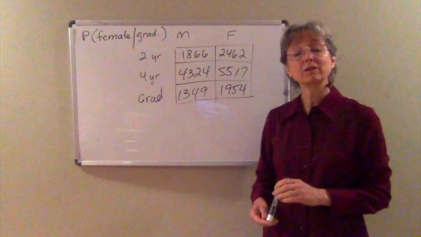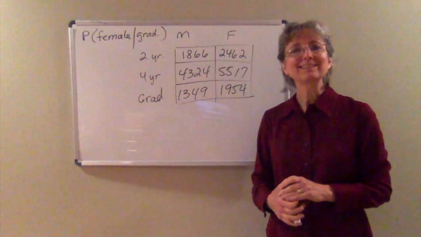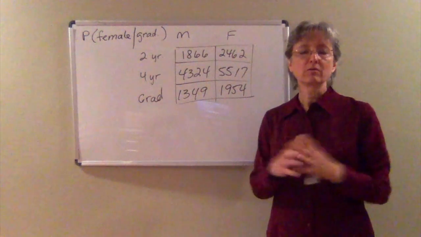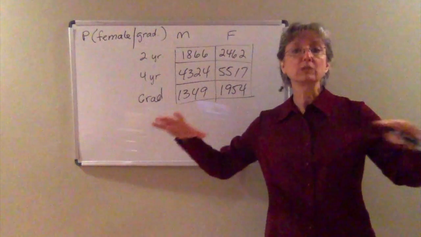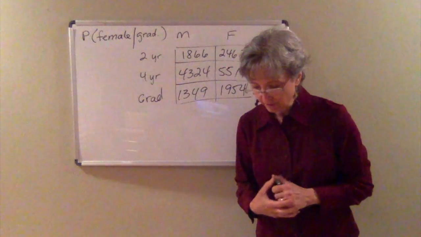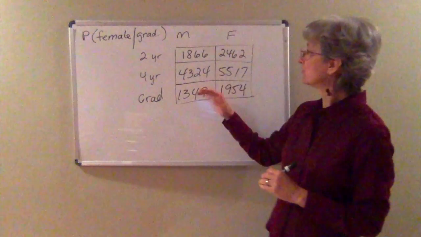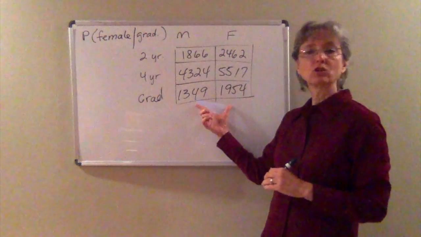All right, so the condition is that they're in graduate school. Now, what that does is that limits all the possible outcomes on the bottom. So what you're going to do then is find the females out of just the graduate students.